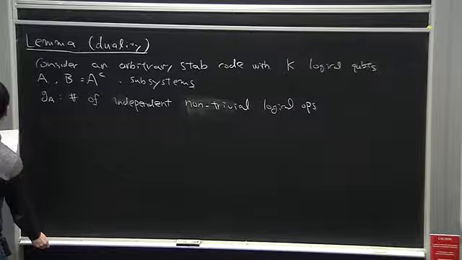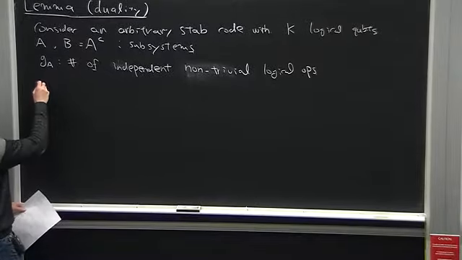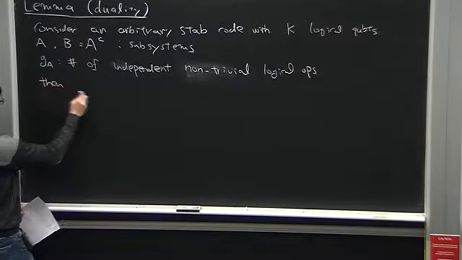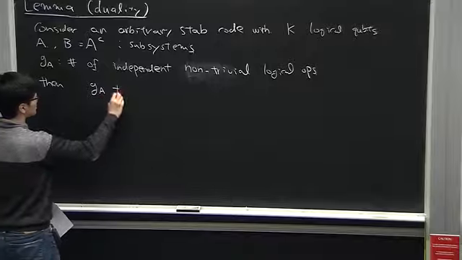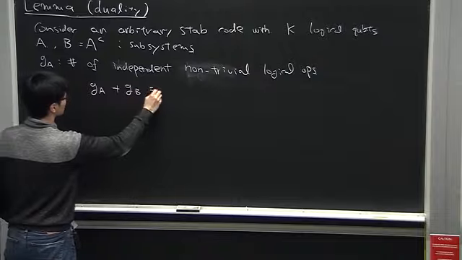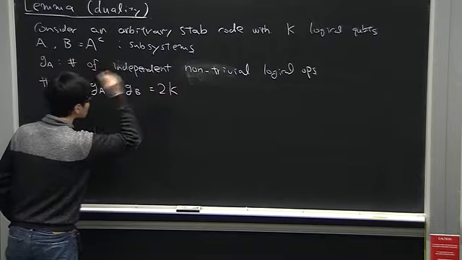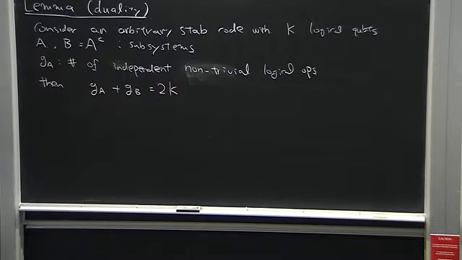Then the following formula is always true: G_A plus G_B always equals 2k. Okay, so this was the result.